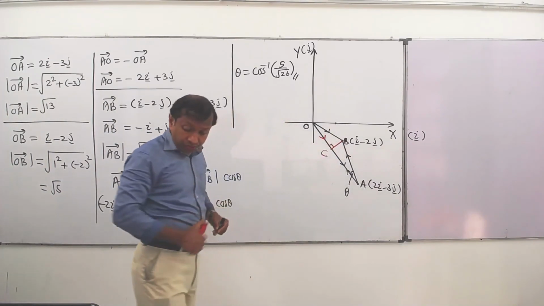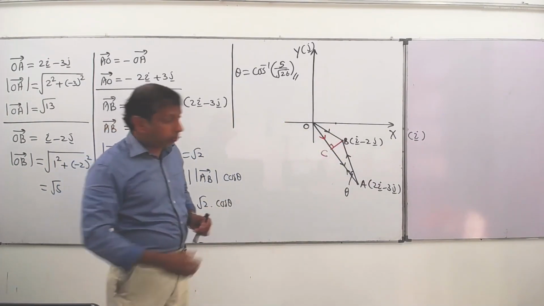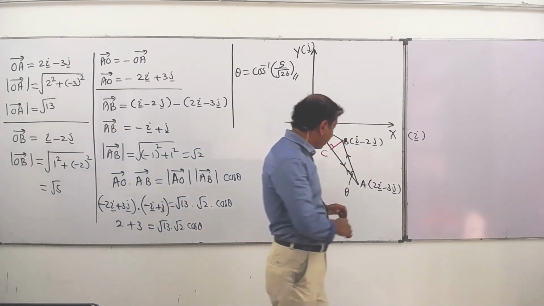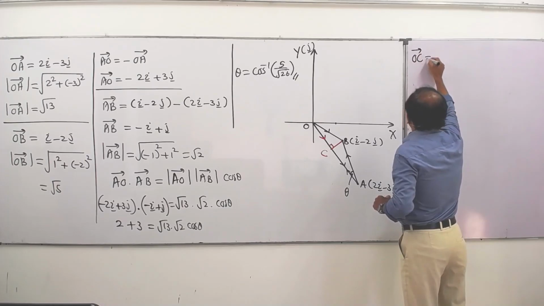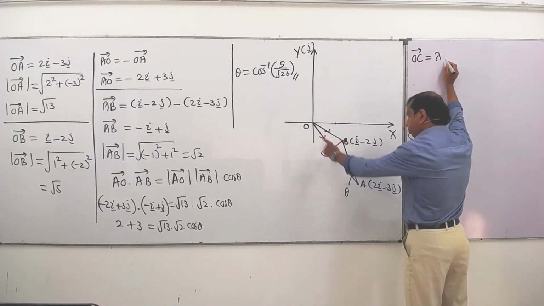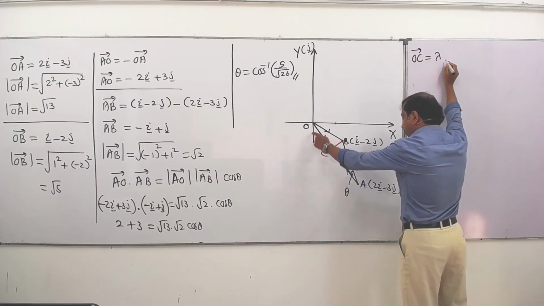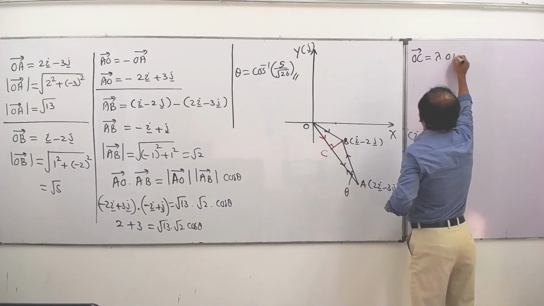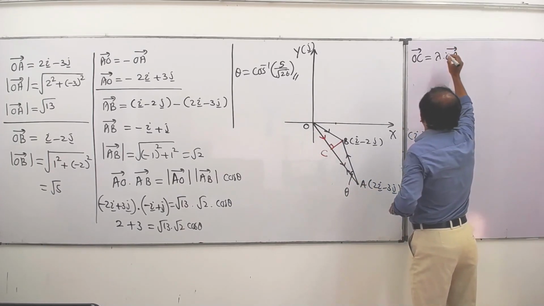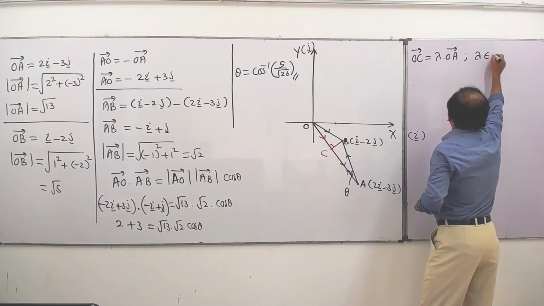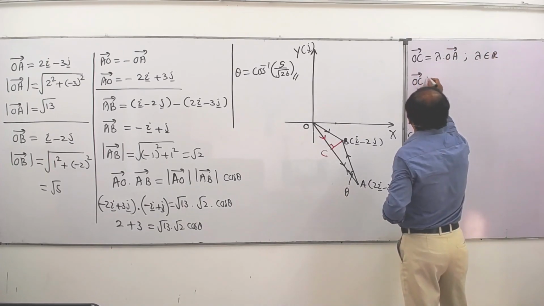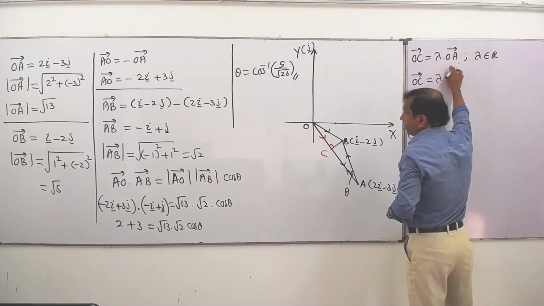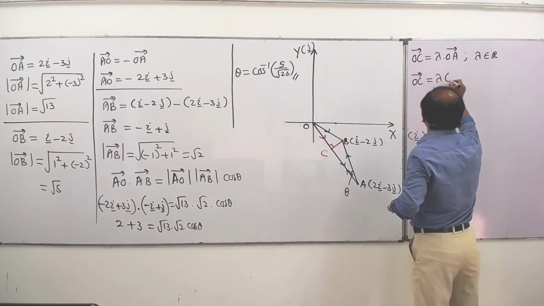OC vector we can write as a part of the OA vector. OC vector you can write as lambda OA, where lambda is a real number. Then OC I can write as lambda times the OA vector, 2i minus 3j.